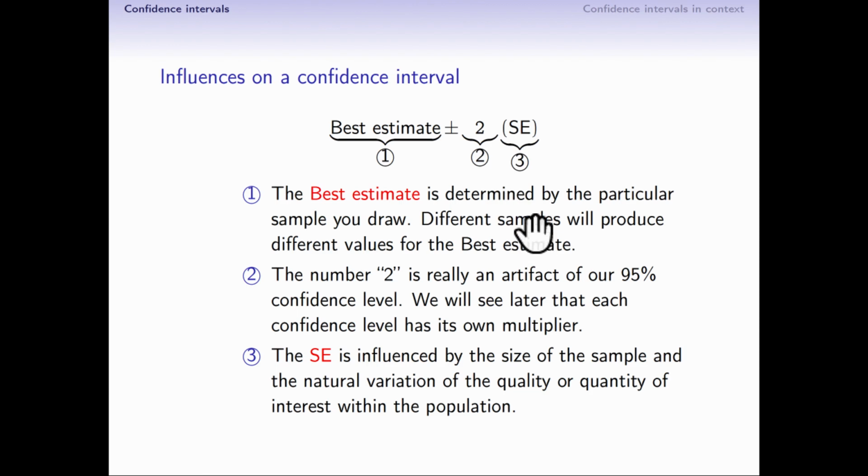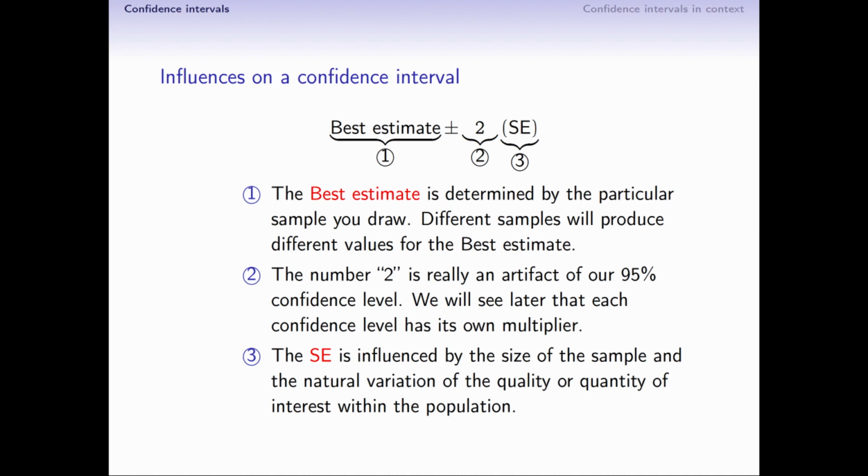Finally, let's look at the influence on this third part, the standard error. That standard error is influenced by the size of the sample and the natural variation of the quality or quantity of interest within the population. So part of the standard error is made up by something that we cannot control, and that is what's happening in the population itself, the natural variation of that parameter within the population.